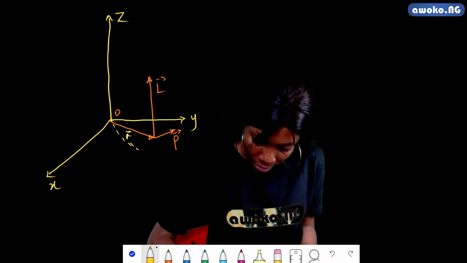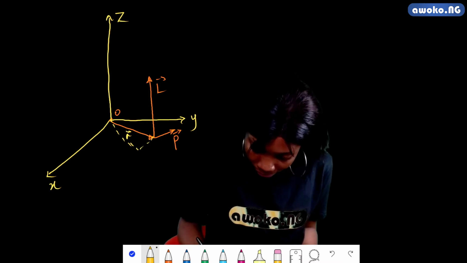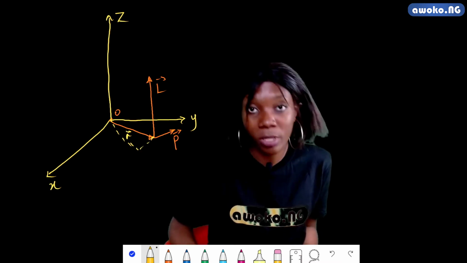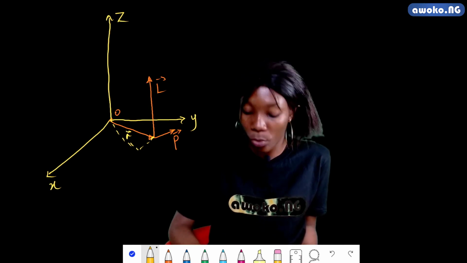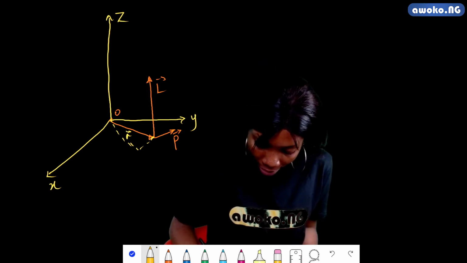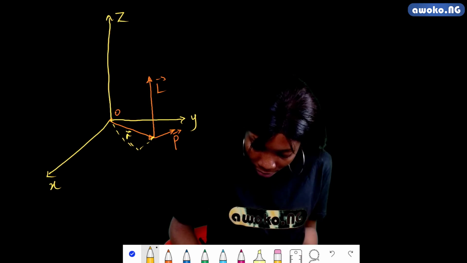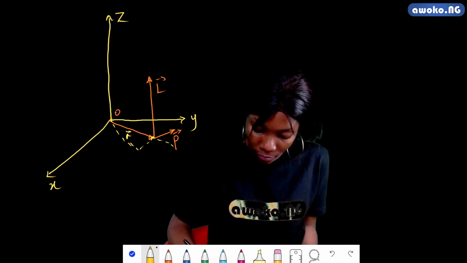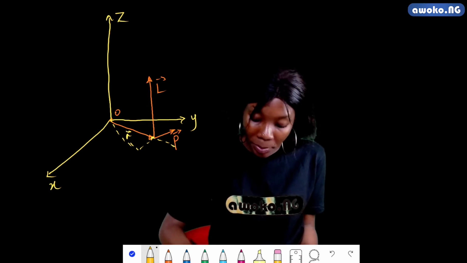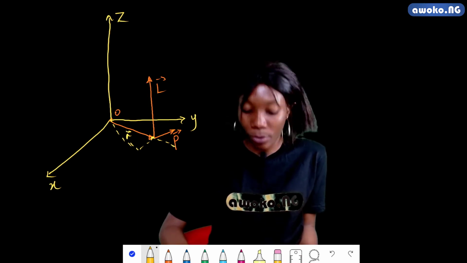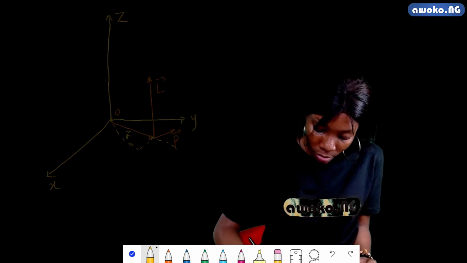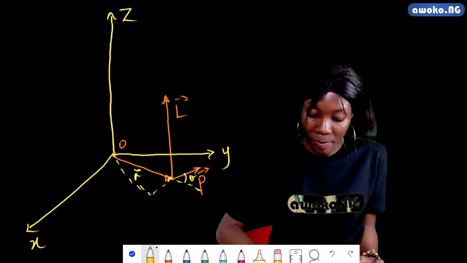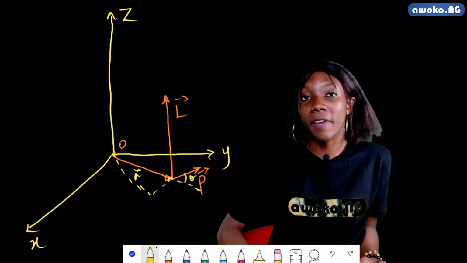We have this connected to this with respect to the point O, and we have this. So P makes an angle theta in respect to the position vector.